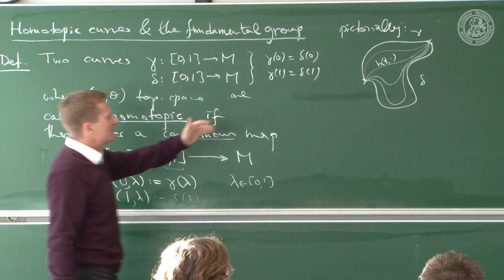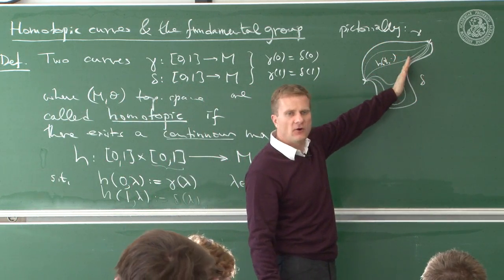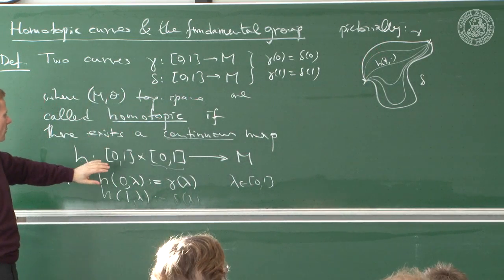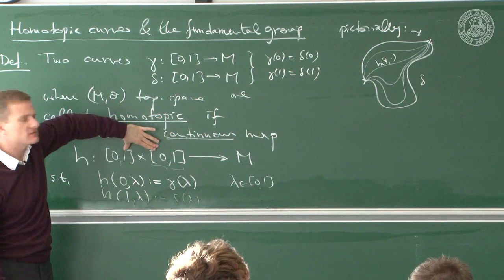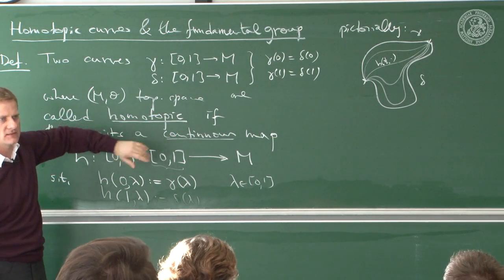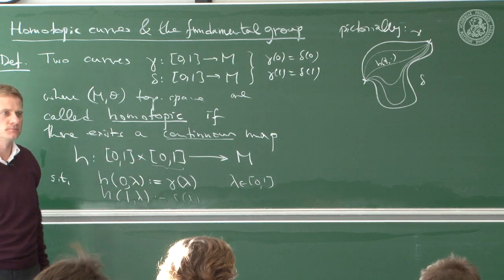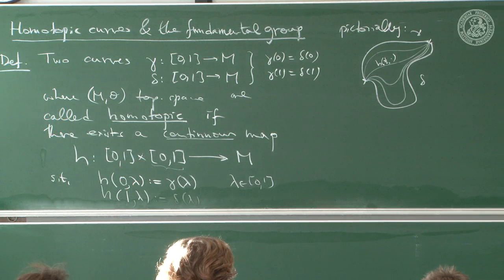And the whole statement that delta or gamma can be continuously deformed into delta is formally encoded in the idea that you have one continuous map on this product space. So whenever somebody talks about continuous deformation, it's something like this. Okay, interpolating map here.